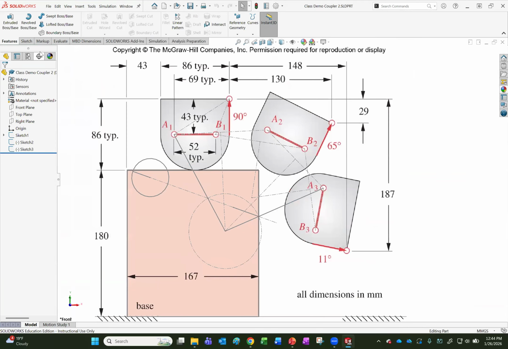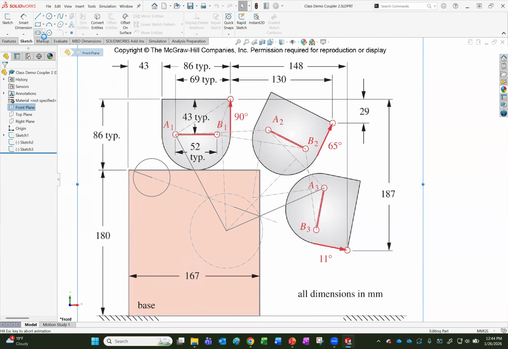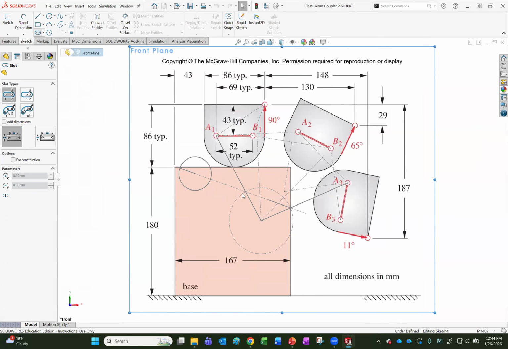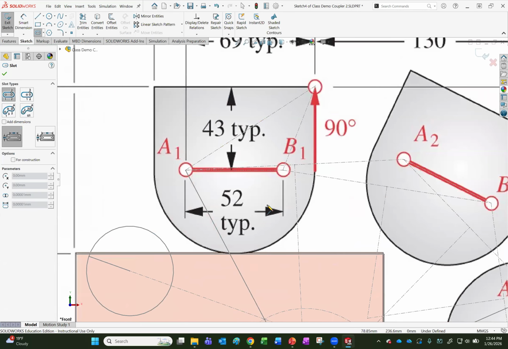All right, so here we're gonna make a sketch and start getting into these other three. So we're one half of the way through right here, which is good news. Oh, I said coupler two, right? So this is actually the coupler.